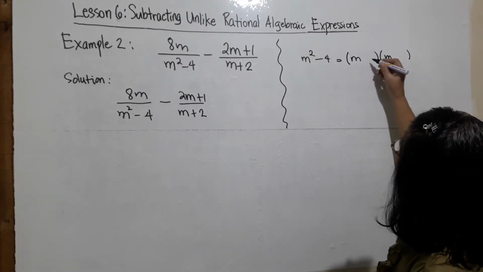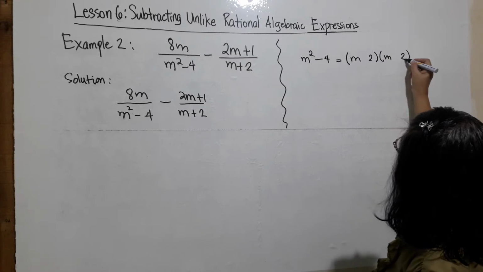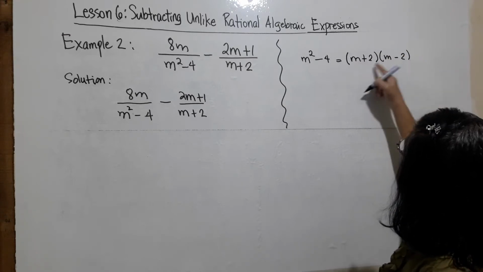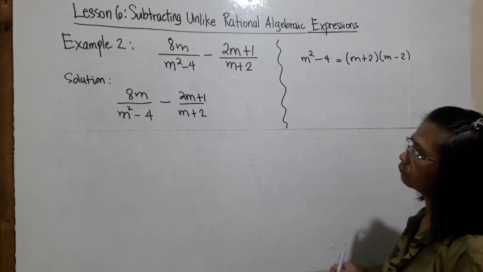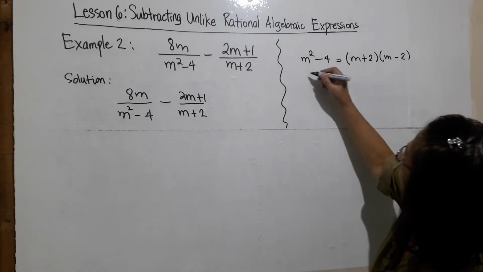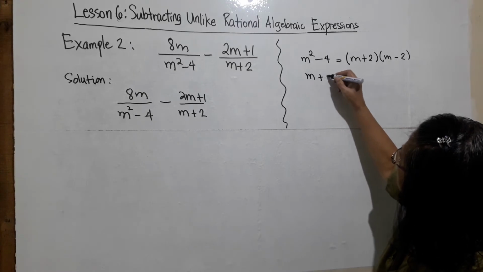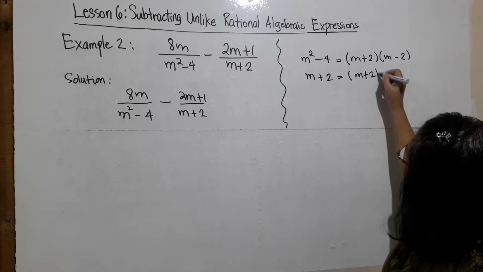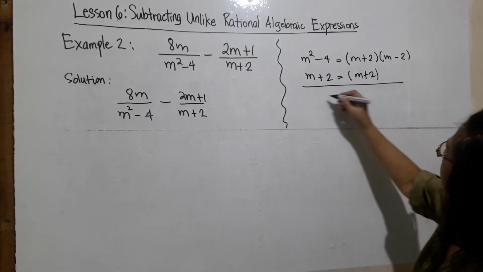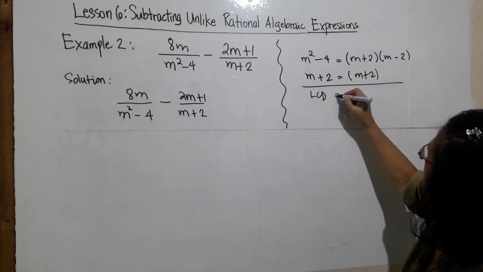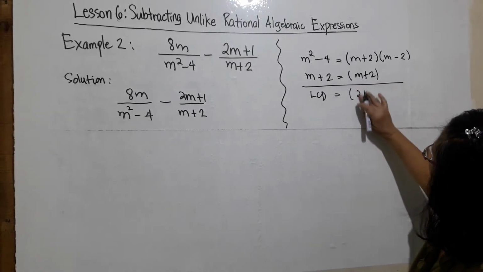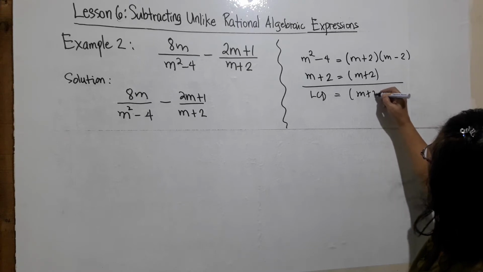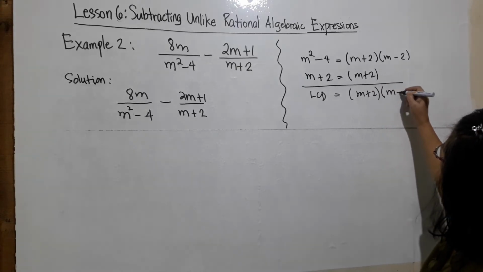For 4 we have 2 and 2, one positive and the other negative, so that 2 times negative 2 will be negative. Then the other denominator is prime. So what are we going to do with this? You just copy. So therefore our LCD now is m plus 2 and m minus 2.